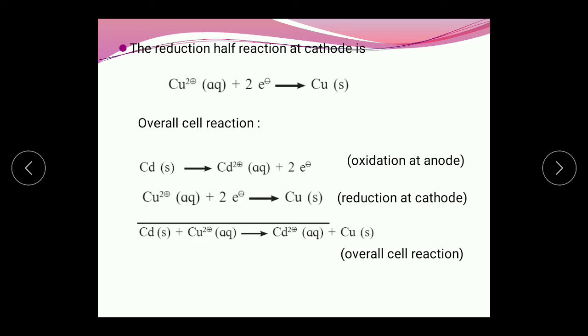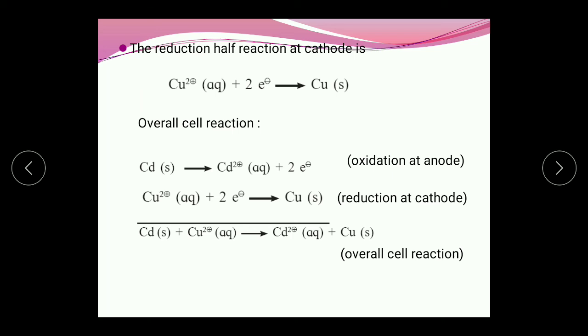But if they are not balanced, suppose here it is 1 electron, then you can multiply only one reaction by 2. It is also okay. Our condition is to balance the number of electrons. For that, the method is to multiply the reaction by a suitable number so as to get the overall cell reaction.